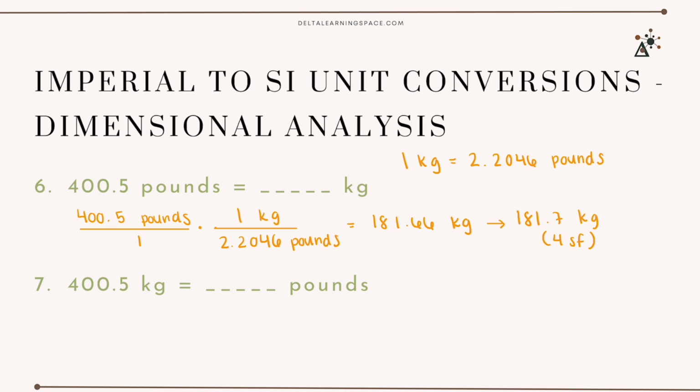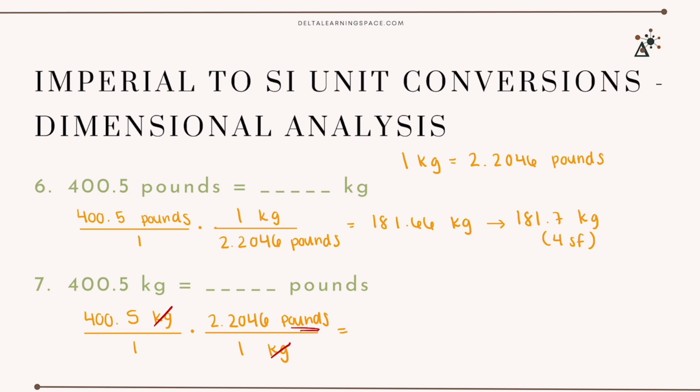And so here we'll use the same conversion factor with 400.5 kilograms over 1. But we do want to cancel out kilograms, and so 1 kg will go in the denominator with 2.2046 pounds going in the numerator. And so here we have our kgs canceling out, leaving us with pounds.